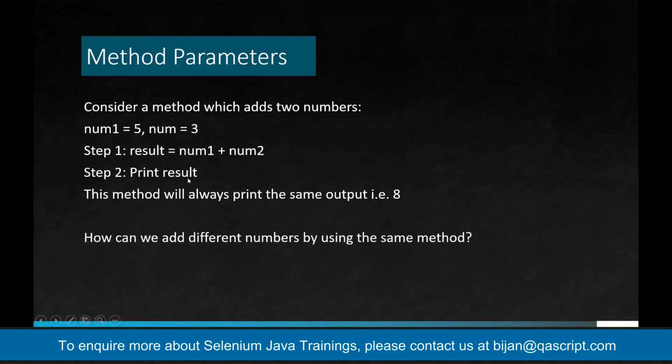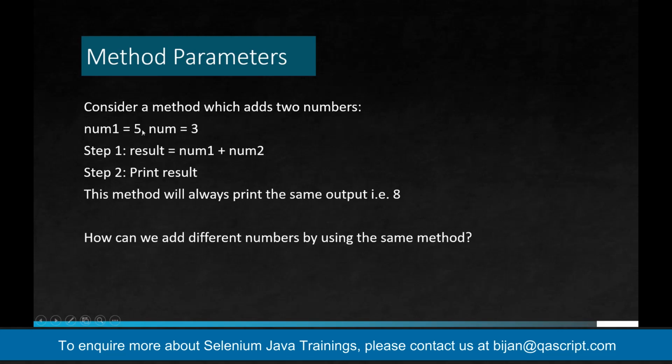Now, can I use this same code to add different numbers? With the same method, if I have written this method to add two numbers, with number 1 as 5 and number 2 as 3, and I'm printing the result, can I change these numbers?